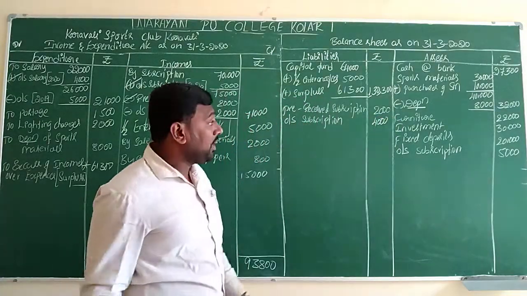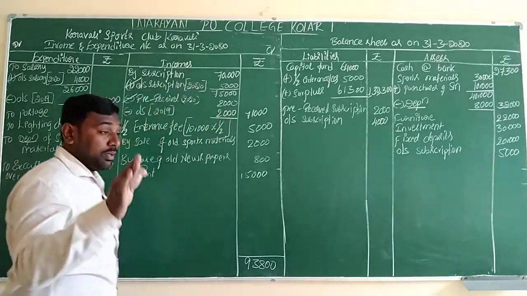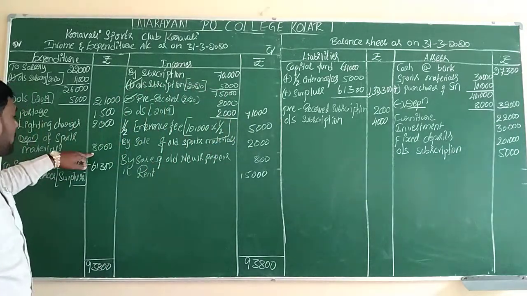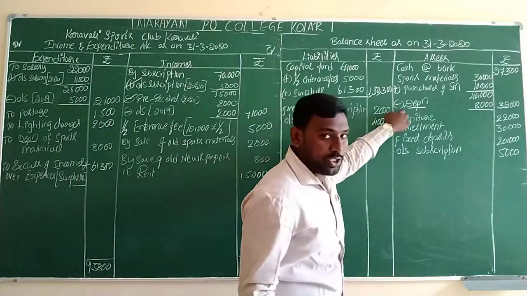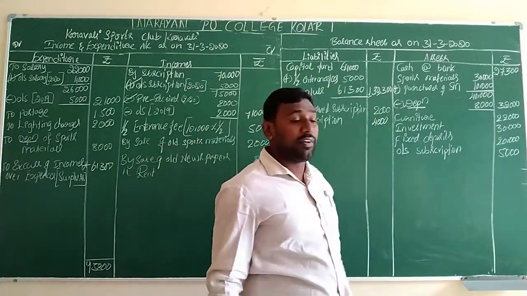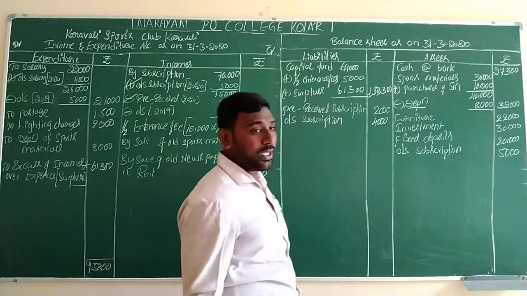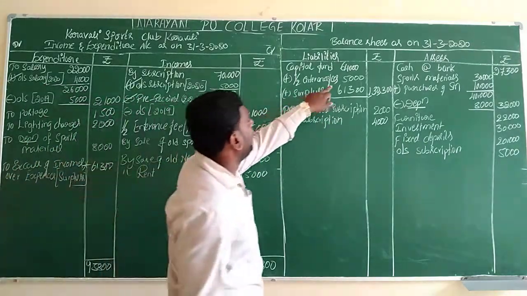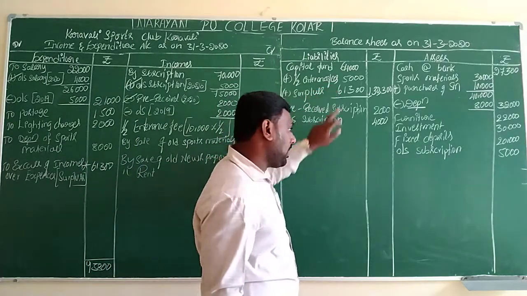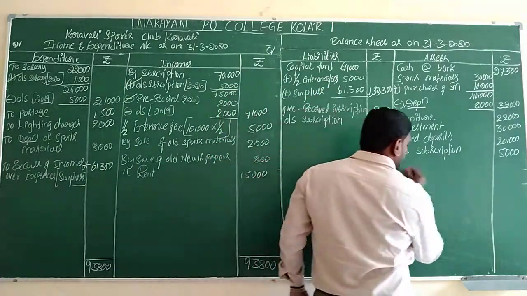Adjustment number 4, depreciation on sports materials. Once considered as expenses, again it should be deducted in the balance sheet. Adjustment number 5, half of entrance fees to be considered as capital, half will be the income, half will be added to the capital. All the transactions we have to fulfill.